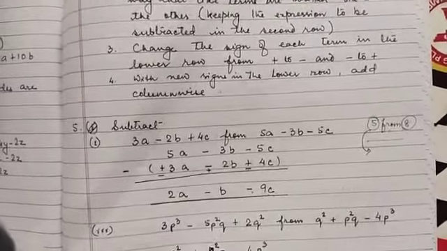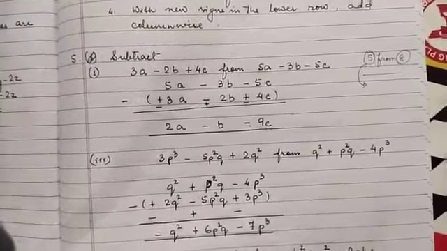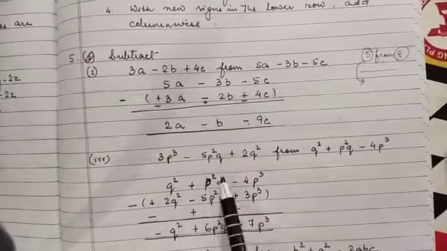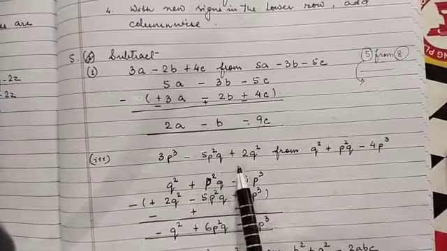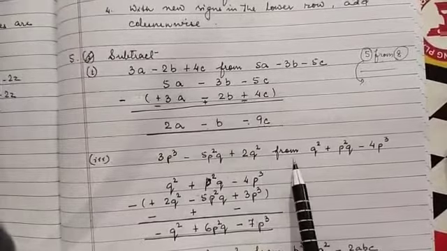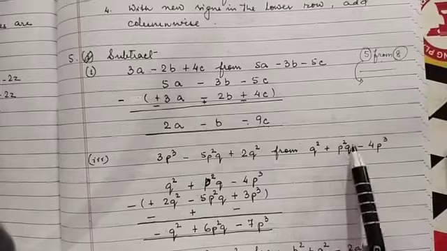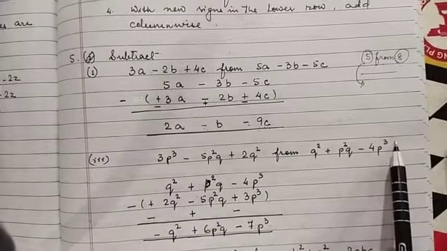One more example I will explain, and then we will proceed to the next. See, 3p cube minus 5p square cube plus 2q square from q square plus p square cube minus 4p cube.